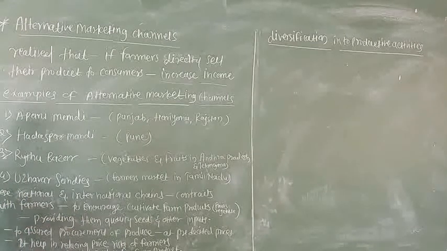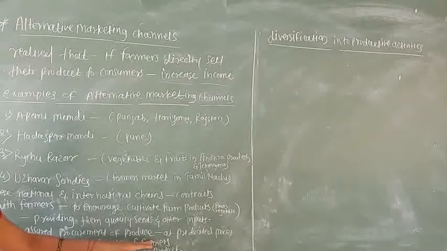Means these channels provide quality seeds to the farmers, likewise the fertilizers or some chemicals which are necessary for the production of the food grains. And likewise, all these channels assure the procurement of the produce.